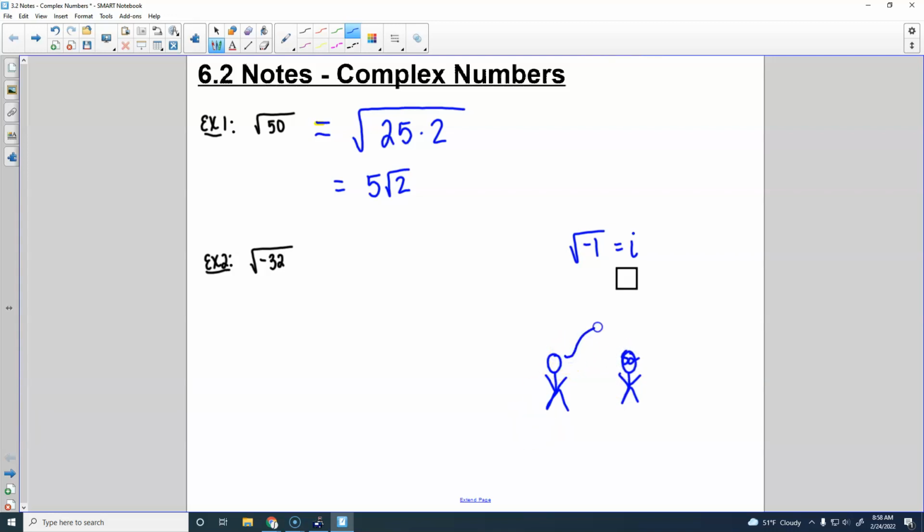And he is saying square root of negative 16. What would the square root of negative 16 be? 4i. So he's calling him 4i because he's wearing glasses.